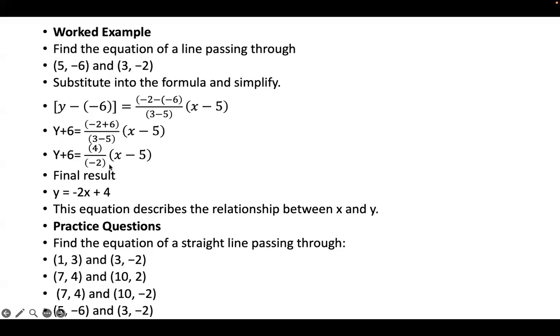The question will give you the coordinates. So these are the coordinates. When you see values like this, it means the first value is X and the second value is Y. Oh, okay. So this is X1, this is Y1, this is X2, this is Y2. Okay. All right.